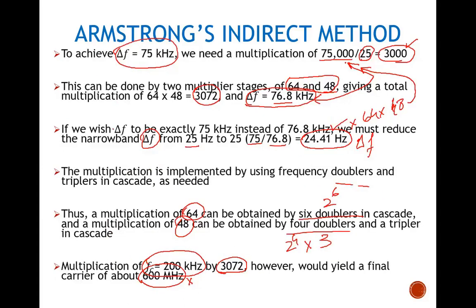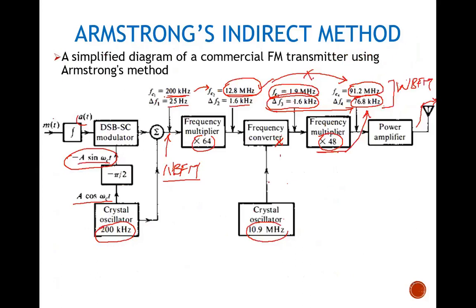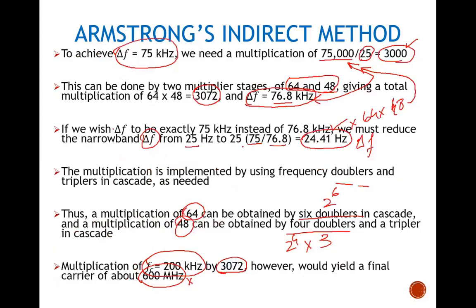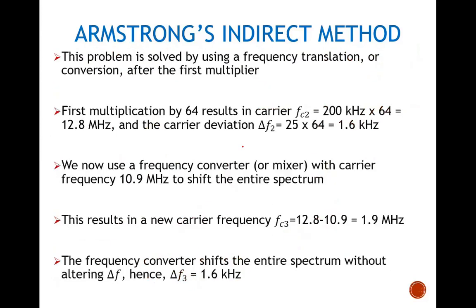So that's why, as discussed before, we use a frequency translation stage in between, to reduce the frequency. So this problem is solved by frequency translation. First, multiplication by 64 results in a carrier of 12.8 megahertz. So the deviation becomes 1.6 kilohertz.